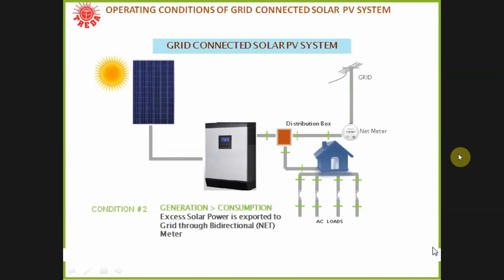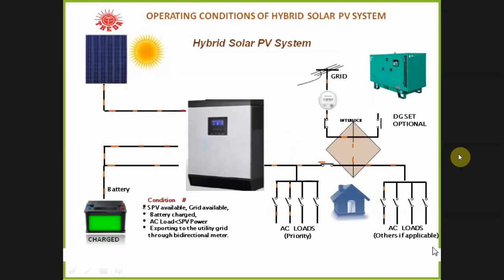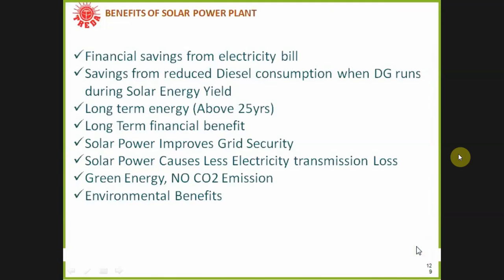So this is actually the saving of our electricity bill. One grid connected system in Ramakrishna Mission we have installed in Tripura. This is long term energy saving, and also reduces electricity transmission loss. Green energy, carbon dioxide emission is very less, and the environmental benefit is there.